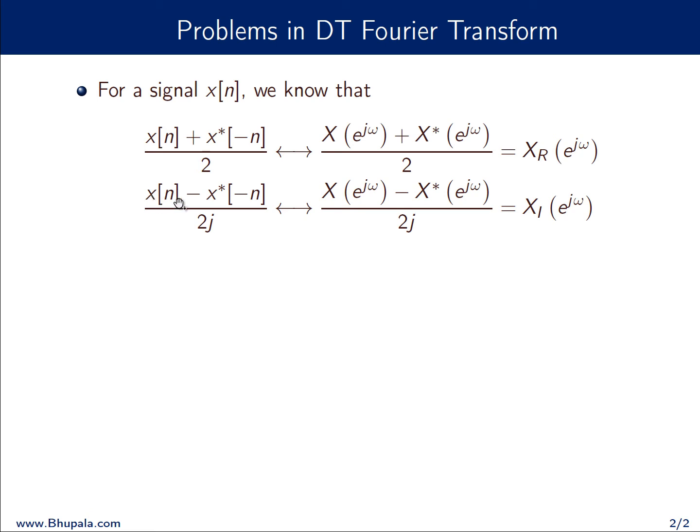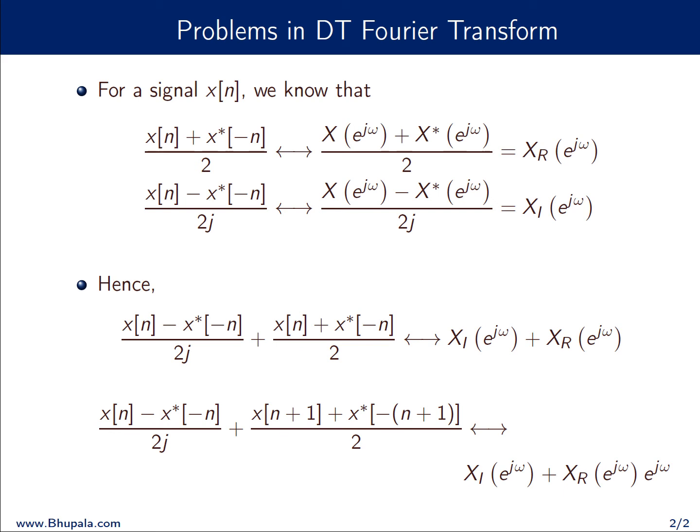Similarly, x of n minus x star of minus n by 2j will have X of e power j omega minus X star of e power j omega by 2j, and clearly this looks like z minus z star by 2j, which is nothing but the imaginary part of X of e power j omega.